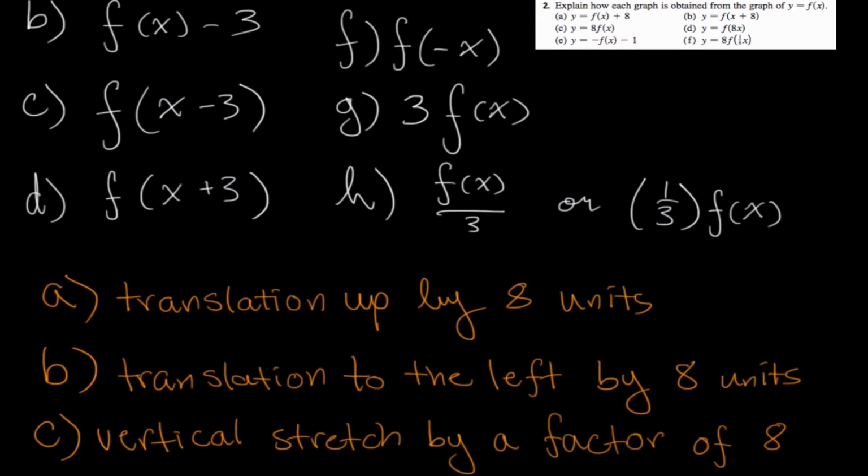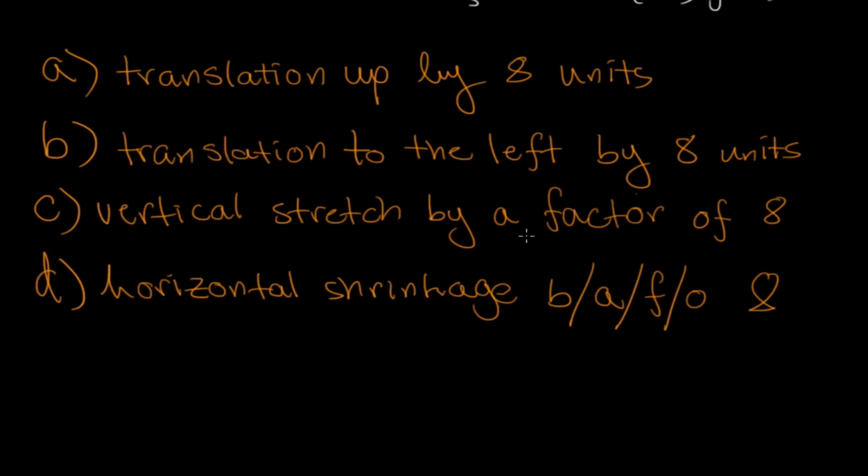Okay, E is negative f of x minus 1. When we multiply the entire function by negative 1, it's a reflection about the x-axis.